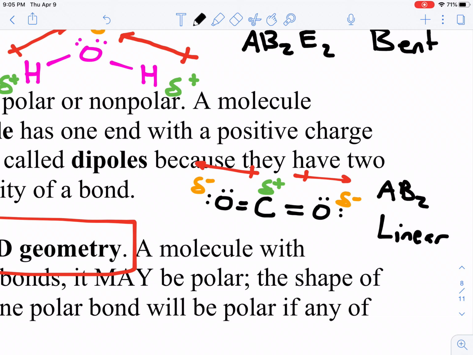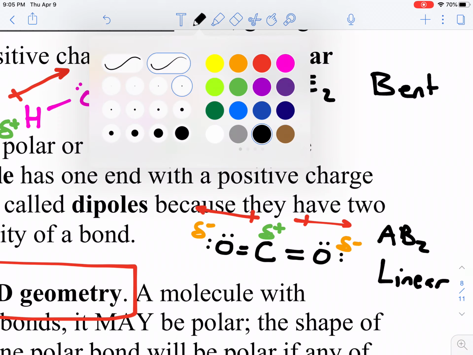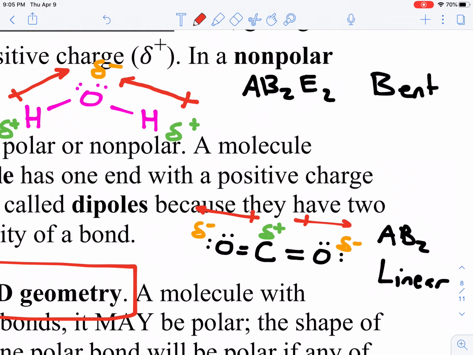And so because water is bent, and I've drawn it that way on purpose, the dipoles actually don't cancel out. And you'll notice that there's a net dipole towards the top and towards the middle of that water molecule. And because that net dipole isn't canceled out by anything else, water as a molecule is actually a polar molecule, which gives rise to basically why you're alive today, but that's for another discussion.